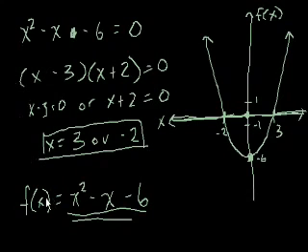If f of x is equal to this function, we're setting that equal to 0. So when is this function equal to 0? It's equal to 0 at these points. When we solved this by factoring, we figured out the x values that made f of x equal to 0, which are these 2 points. And just a little terminology, these are also called the zeros or the roots of f of x.